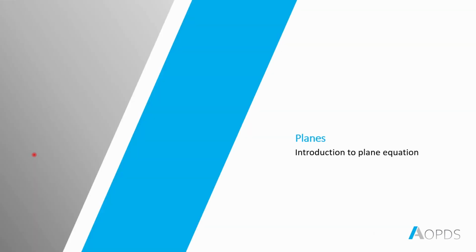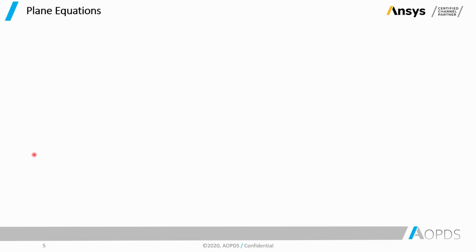Now, planes. In this section, I'm going to give an introduction to the plane equation. There are three ways to form a plane in space: having three non-collinear points, one point and one line, and two lines that have an intersection. And of course, the line and point should be non-collinear.